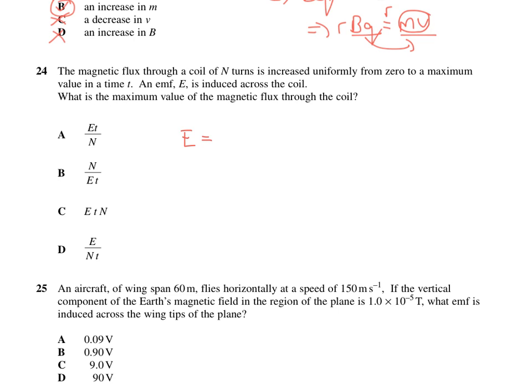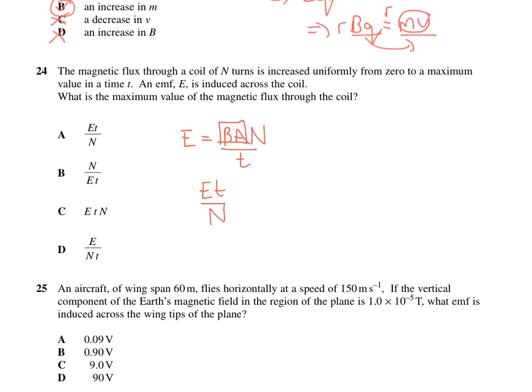So there's one coil, so we've got N. And we're trying to find the maximum value of the magnetic flux, which is this one. So it would be E T over N.